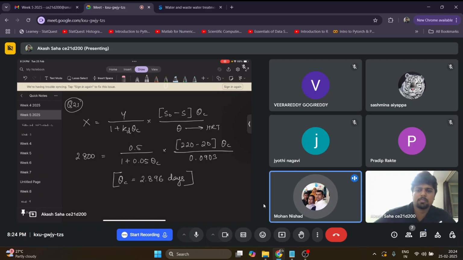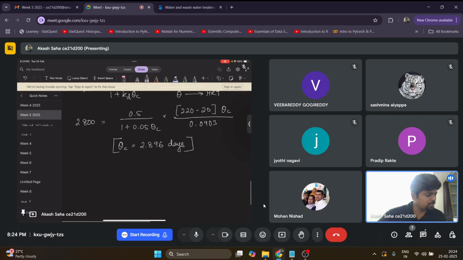Sir, please simplify this a bit more, and tell us how to get the value in an easier way. See, simplify means you first take this 0.09 to this side, then take this term to this side, and then multiply individually. You will get some number plus some constant with theta c on this side, and here it will be 0.5 into 210 into theta c.